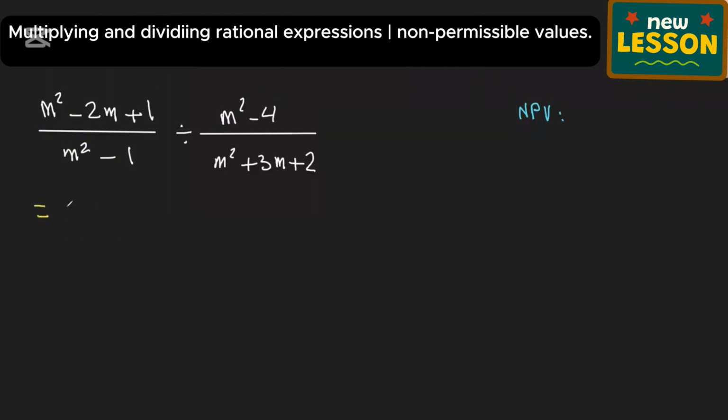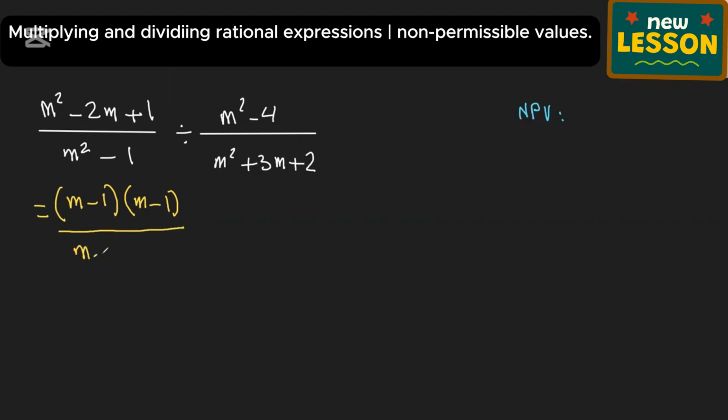So we factor, this gives me m minus 1 times m minus 1, because when you factor, you're looking for two numbers that multiply to give you +1 and add to give you -2. -1 times -1 will give you +1, and -1 minus 1 will give you -2. And then this one here is the difference of two squares.